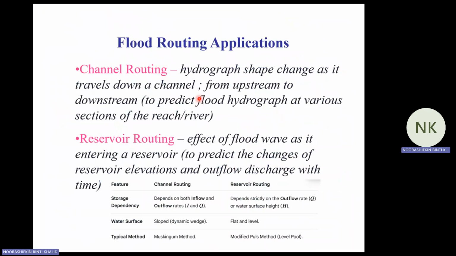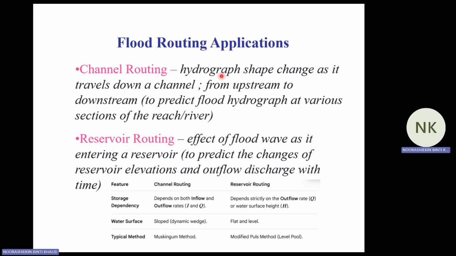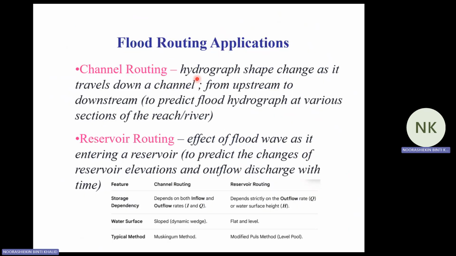So for flood routing application, there are two applications: channel routing and reservoir routing. Channel routing is used for rivers, meaning the hydrograph changes as it travels down a channel, to predict the flood hydrograph at various sections of a river. For this we use Muskingum.